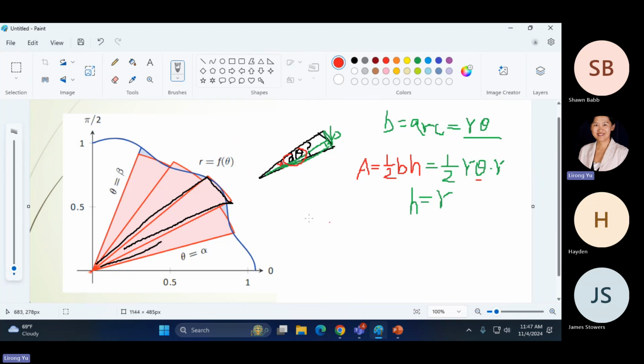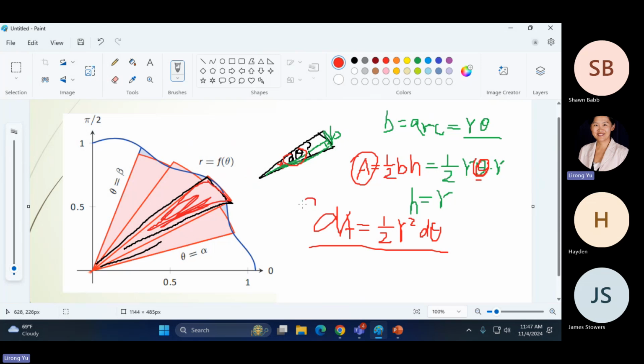So if you have a really small area to calculate, dA equals 1/2 r squared times d theta. We write dA instead of A because we're talking about only a very small part of the entire area. To calculate the whole area, you have to add it all together or combine them.